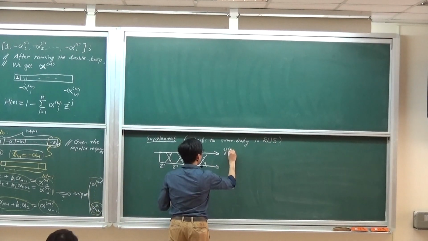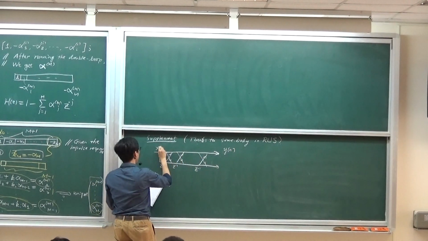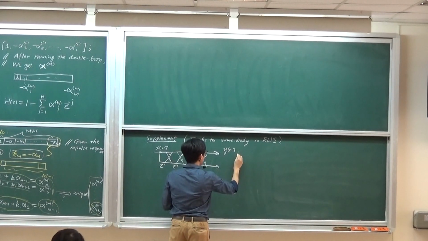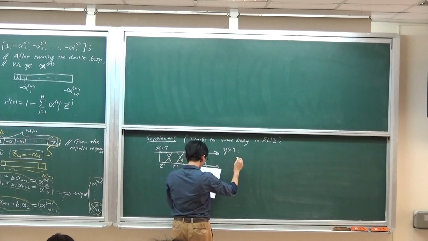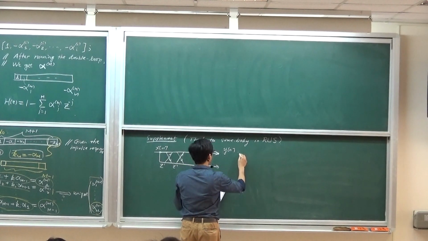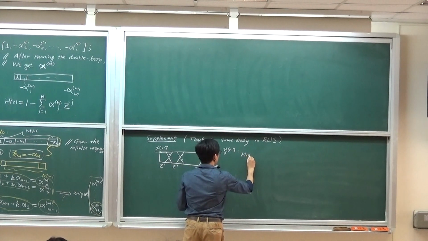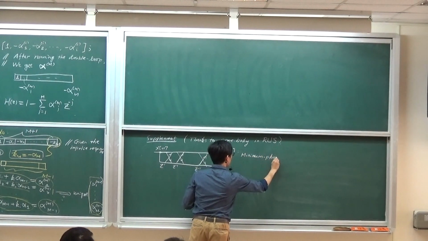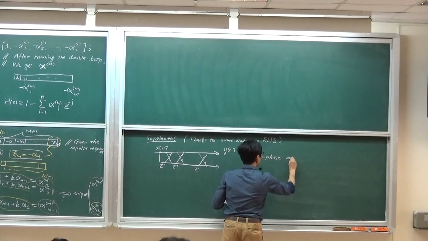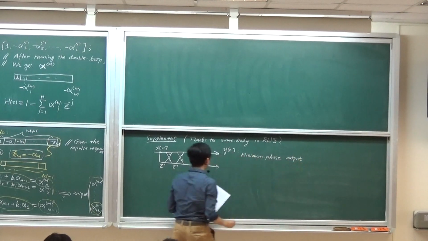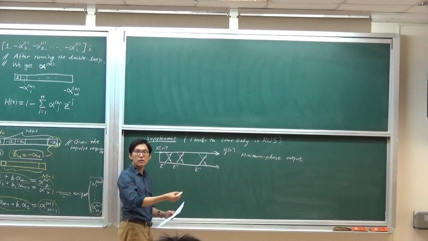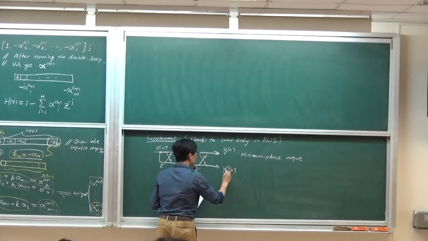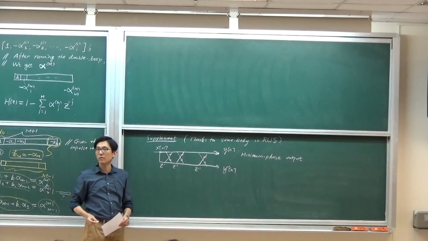So x of n is the input, and on the very right on top, he calls the output the minimum phase output. And surprisingly, the output at the bottom line, this y prime, also has a name.